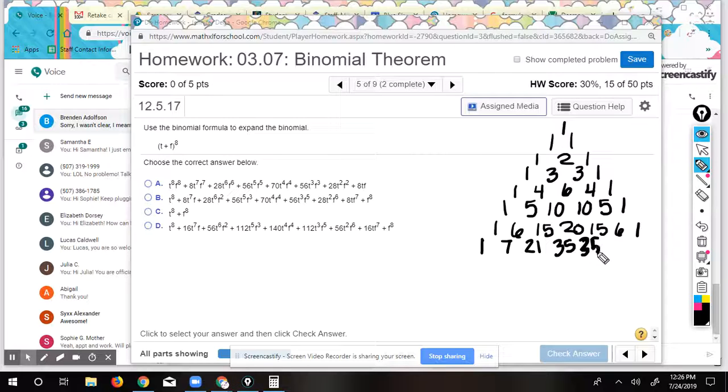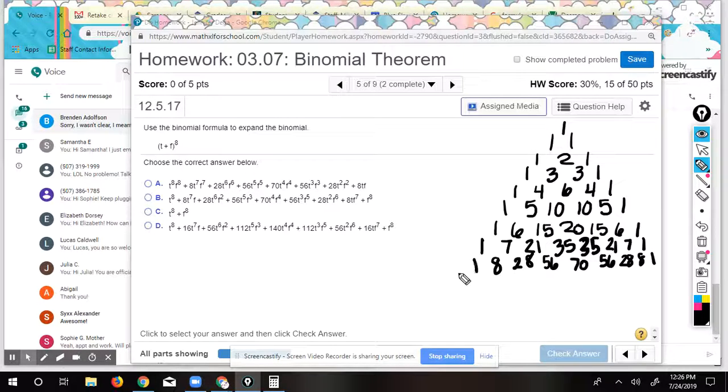See, this is where you have to be careful. It's almost like it would be better to just look up a picture of Pascal's triangle. 1, 8, 21 plus 7 is 28. Oh, I knew that. 21 plus 35 is 56. 70, 56. It helps because it's just a mirror image of what you've already done.